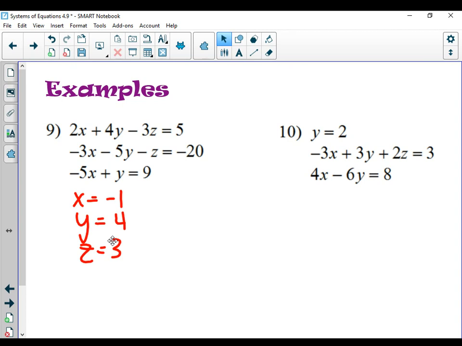Let's check it out. So you got 2, 4, -3, 5, okay? And you got -3, -5, -1. You have a -2, because that's z. Again, they all have their own little ways to mess you up.